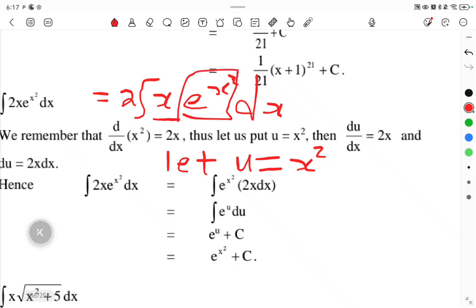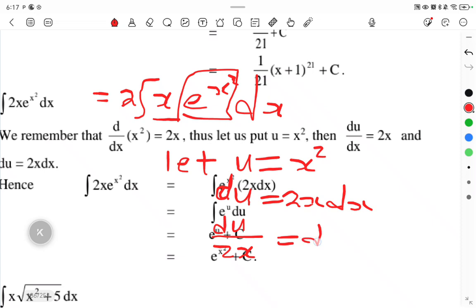So now what will happen? I derive here, I get 2x multiplied by dx. And now I make dx the subject of the formula: du over 2x is equal to dx. And then I can go back and substitute.